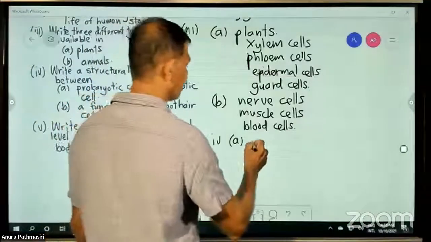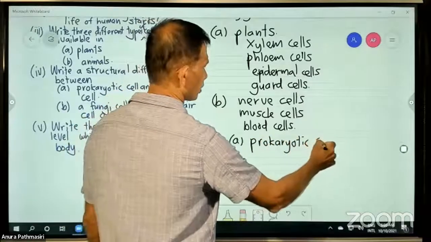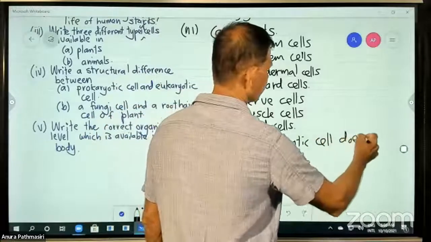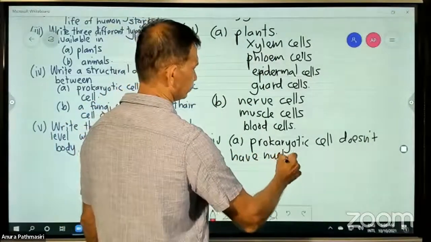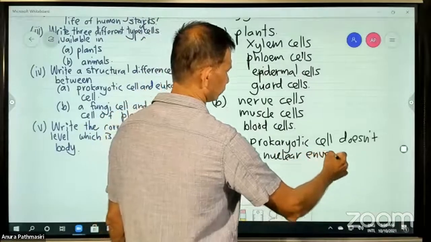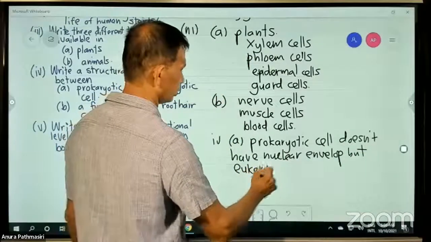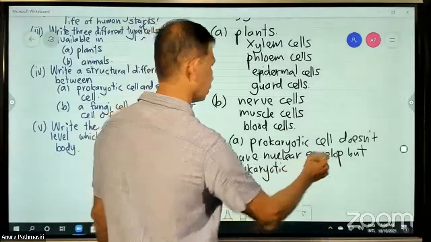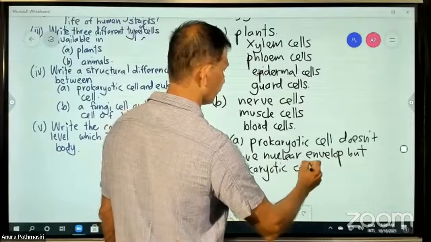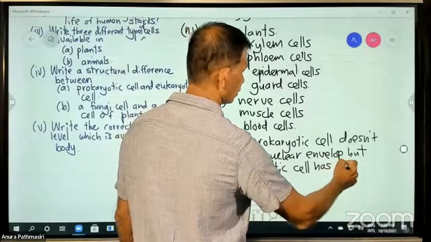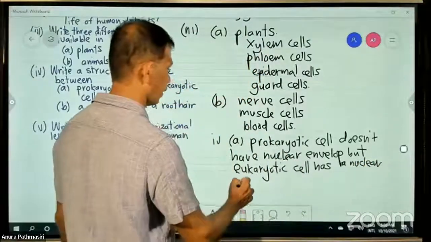So you can say prokaryotic cell doesn't have a nuclear envelope, but eukaryotic cell has a nuclear envelope.